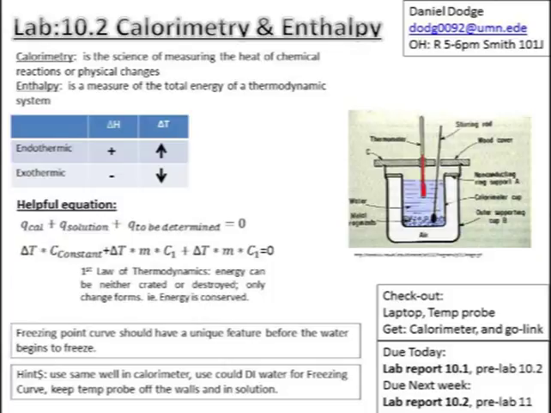Today, you just need to check out a laptop and temperature probe. You'll be working with the same groups as last week, so I think it's groups of 4 again. Use cold DI water for your freezing point curve because if you have any ions in your water, you might not see that characteristic. That's what you want to see at the beginning of the curve.